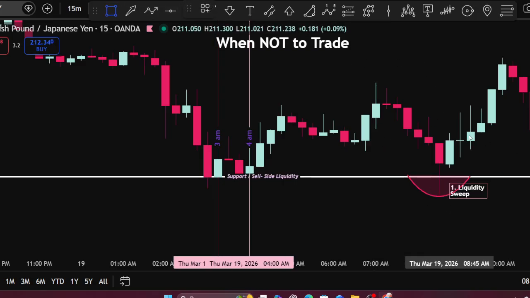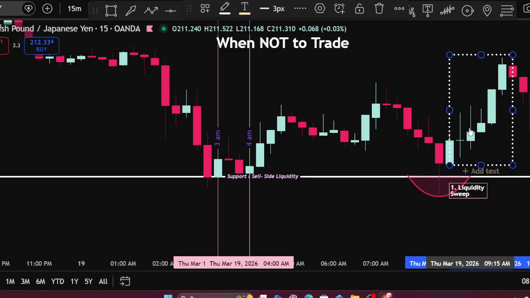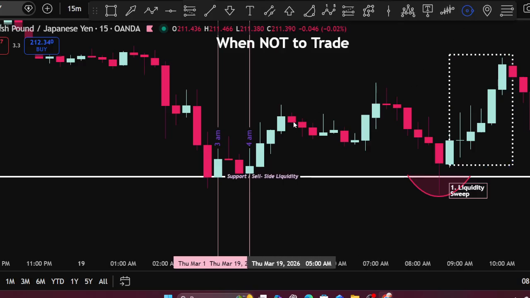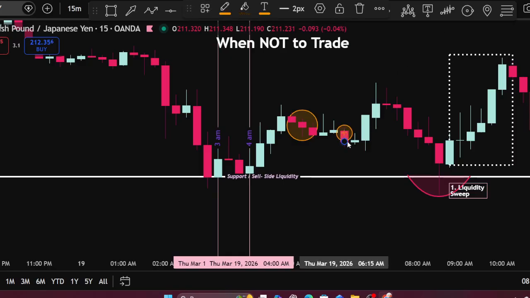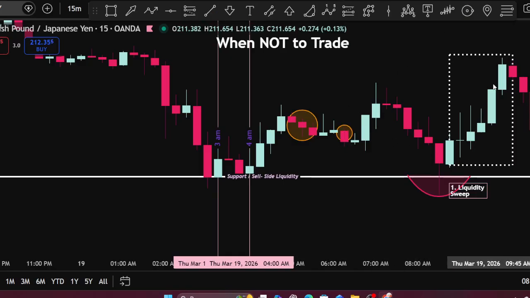This was the strong displacement. You can literally see there are no bearish candles like this, no interruptions. It's just a straight, beautiful, strong, bullish direction. Green candles.